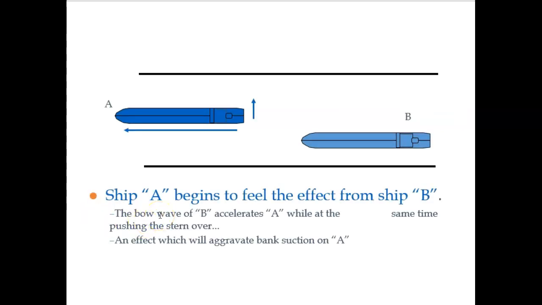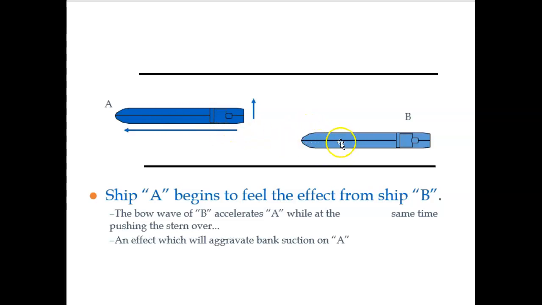So ship A and ship B drop down to the south side of the channel. As we get to this point, what I want you to notice is ship A, right here, begins to feel the effect of ship B. There is enough water mass moving around this ship as it's being dragged along and pushed with this ship. I'm not saying that you would necessarily feel it in the balls of your feet standing up in the wheelhouse, but perhaps some type of speed log would indicate a small amount of acceleration in a longitudinal direction.